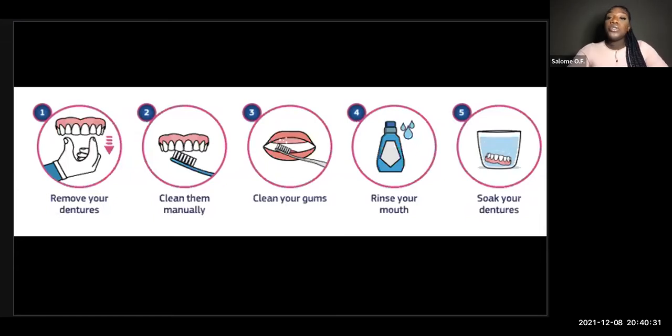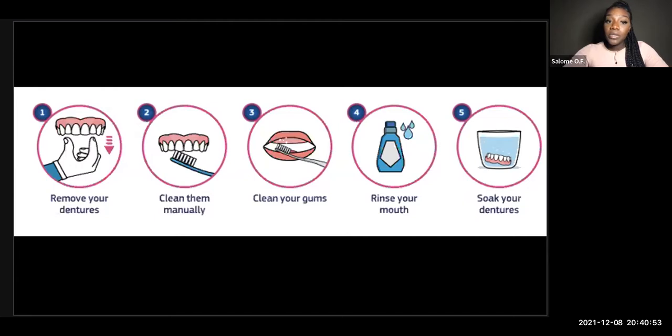So you have to make sure you remove the denture. After you remove the denture, you clean the denture. Just because it's artificial teeth doesn't mean that it doesn't need to be cleaned. And I know those of you who do have dentures or anything removable at home, you know that it can get dirty. So you know that you have to make sure that you brush it all the time. Don't only brush it and put it back, but at nighttime, brush it, take it out.